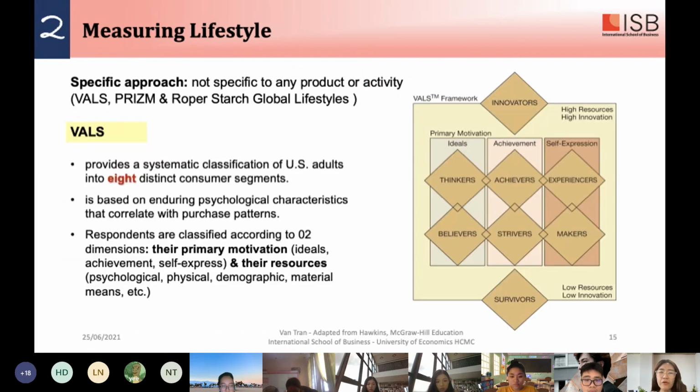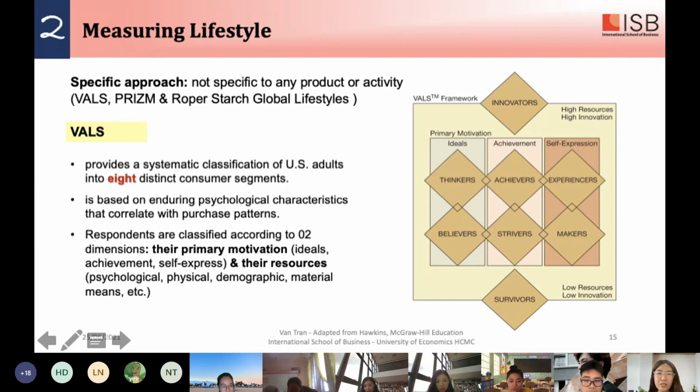And some of the very general frameworks that you can see here, for example, are not specific to any product or activity. It's just how people live, right? That is VALS here.